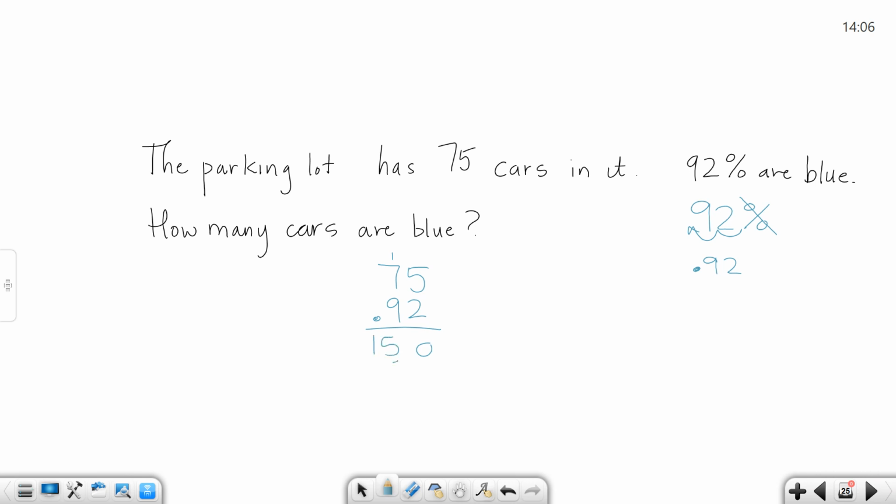Okay, so I'll multiply by the 9. So we're going to get 69 cars are blue. Remember, if you move your decimal 2 places here when you're multiplying with decimals, if you have 2 places in your factor, then you also have 2 places in the product. So we got 69 cars.